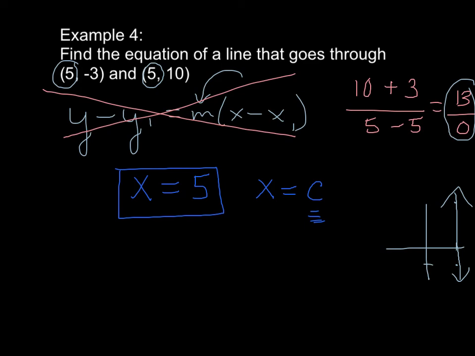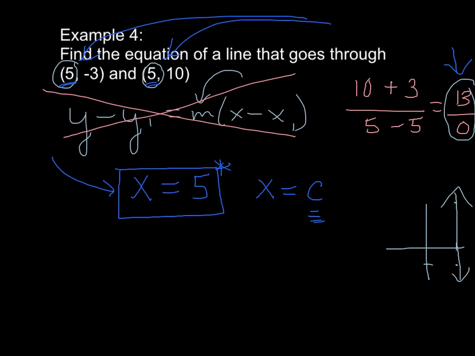So anytime you notice that the x's are unchanging, you can just go immediately to this. If you don't notice, when you go calculate the slope, you'll notice something peculiar happens and you have a 0 on the bottom. So that's your big hint to go back over and look at the original ordered pairs. And then you should notice that the x's are unchanging and that this ends up being the whole equation.